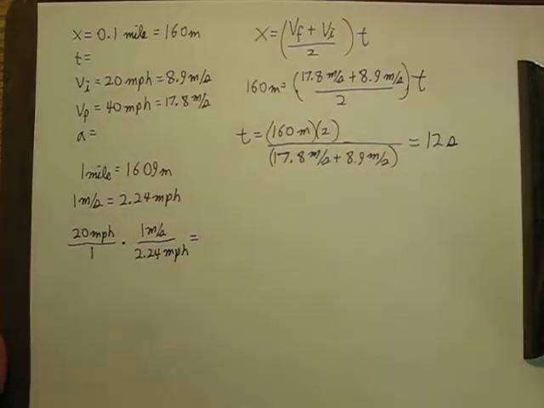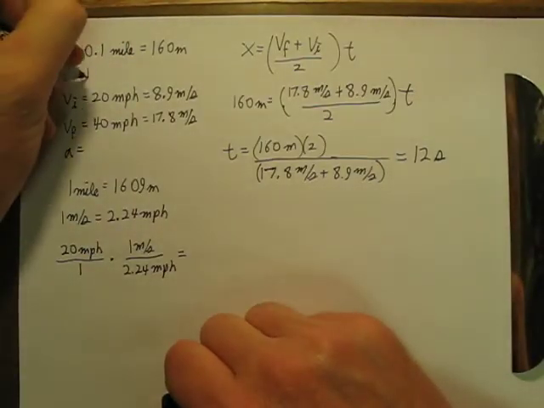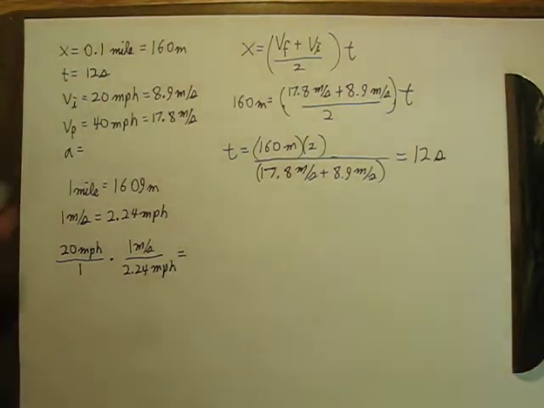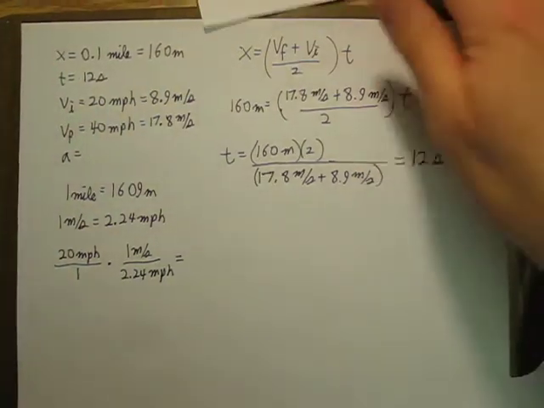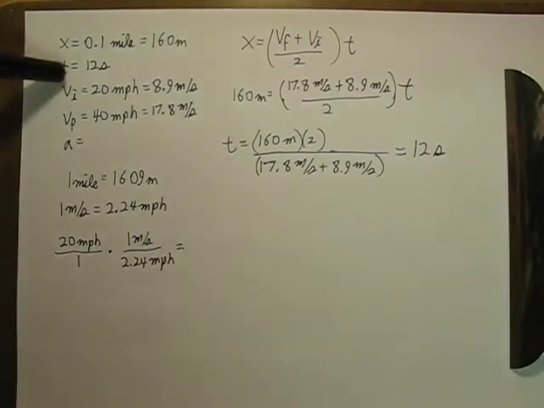Now, the last thing that I want to do is figure out the acceleration. I'm going to copy that time up there, 12 seconds. But suppose that I made a mistake with the time, or suppose you did the calculation wrong.